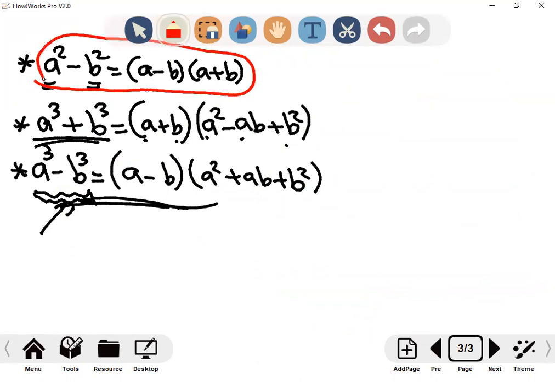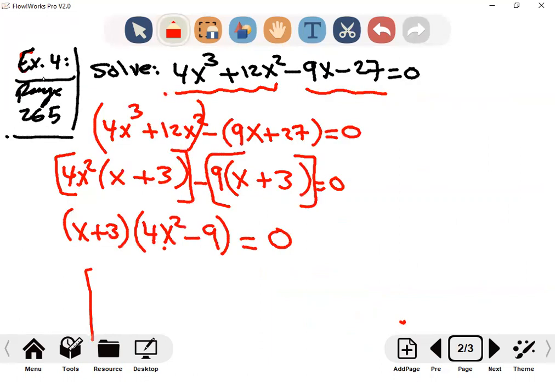Let's apply it there. 4x power 2 minus 9. The 4x power 2 is 2x all power 2, with 9 it is 3 squared. A minus b, a plus b, the formula, right? So I'm factoring this in parentheses. It will be x plus 3, then 2x minus 3 with 2x plus 3, right?